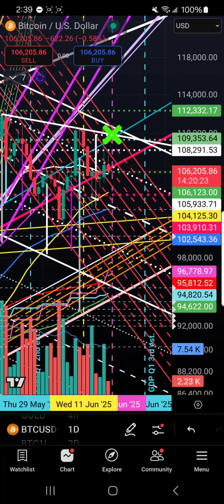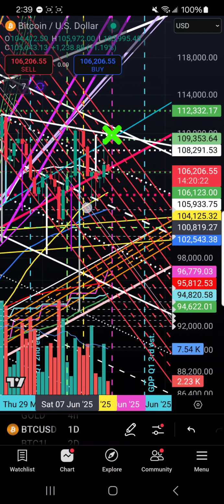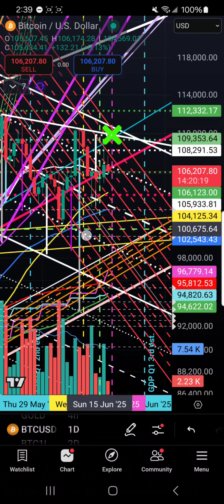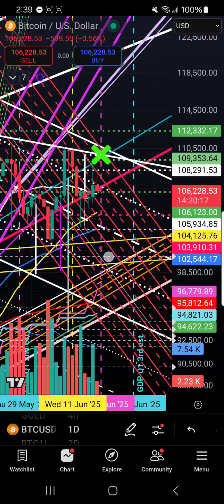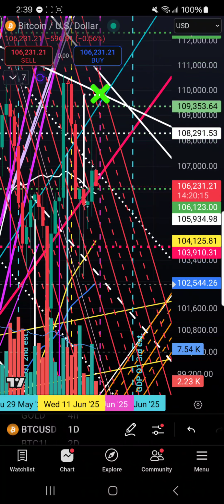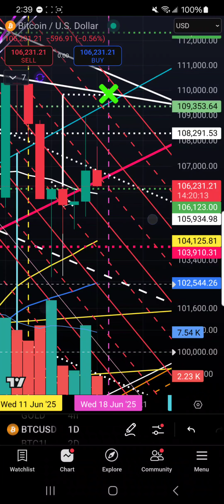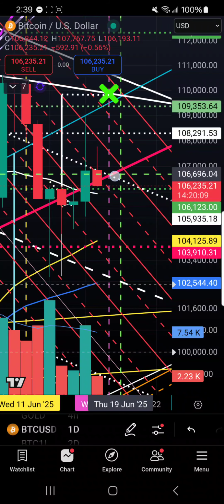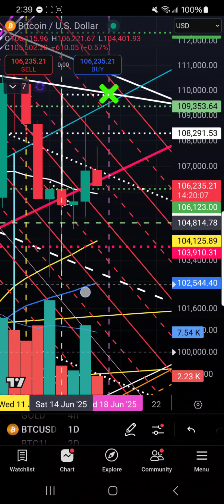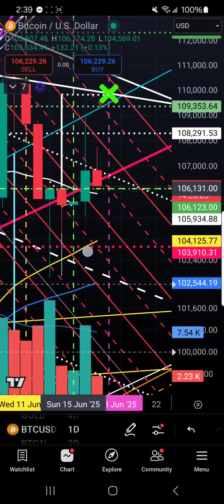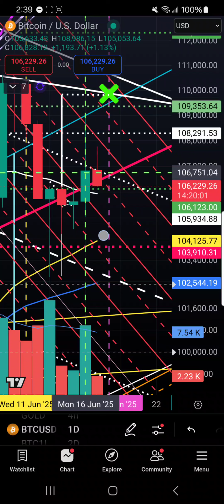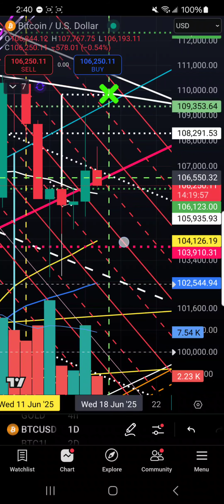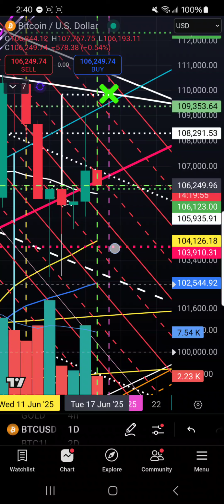Tried to hold it as support, fell below it, came back up above it, and currently we are dancing around it. We are trying to hold it as support here with these daily candles. We got up into it yesterday, and then today we've fallen back below it.